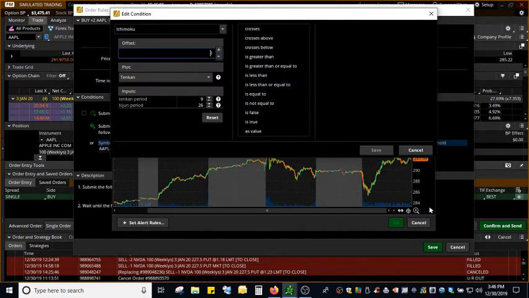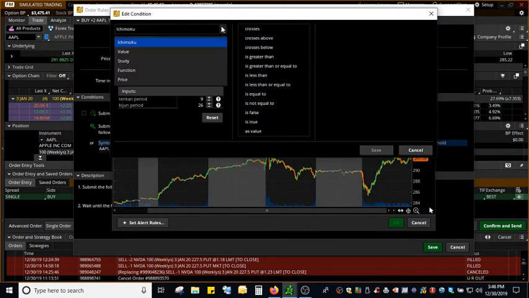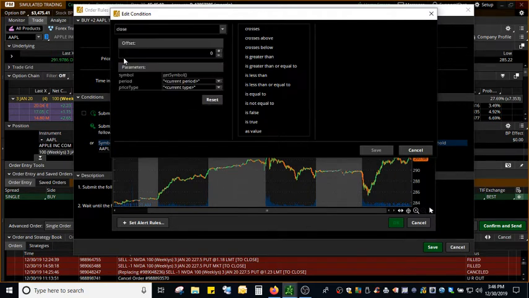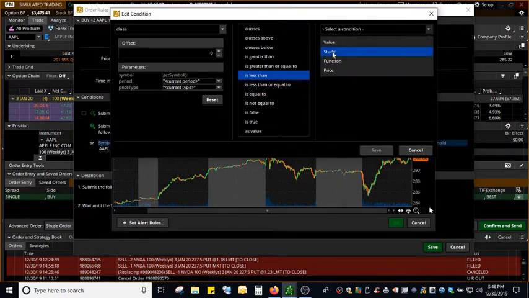Set that to 1, so it reads that it'll make sure that it's the close of the previous candle. No, that's wrong. Let's do price close is less than, or you can do crosses below. Let's do is less than.